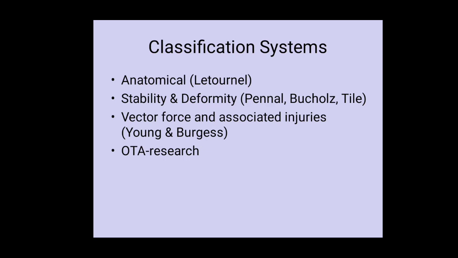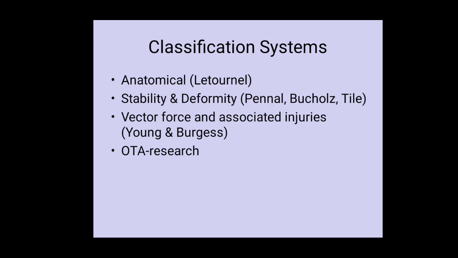Due to this, several classifications were developed, and one of the basic ones is the so-called anatomical classification, where we just name the bones that were fractured. So it may be a fracture of the superior or inferior pubic rami, ischial bone, iliac bone, sacral bone, coccyx, etc. This is a simple classification and we use it in our practice.